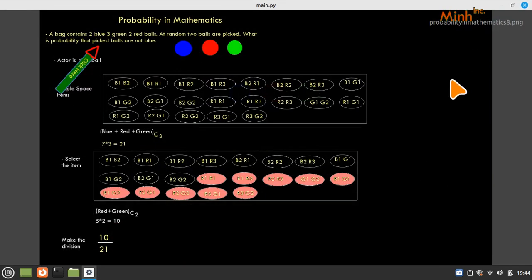Okay, so this is a pretty straightforward question. A bag contains 2 blue balls, 3 red balls and 2 green balls. At random 2 balls are picked. What is the probability that picked balls are not blue?